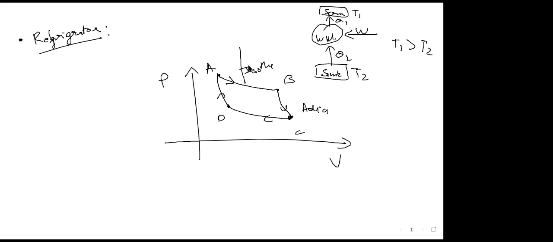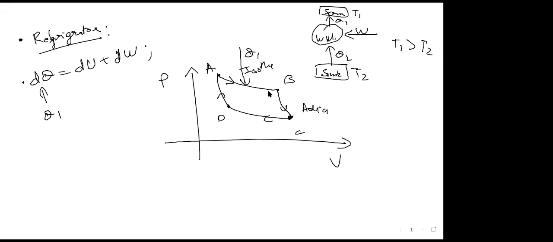You were pumping heat in, Q1, through this AB isothermal process, which essentially kept the temperature the same, and all the heat was converted into work done. Why was it converted into work done? Because dQ is just dU plus dW, right? You're providing in heat Q1.